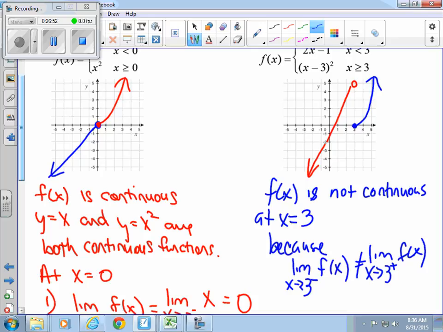Yes, with this notation. So the limit doesn't exist, and that's enough to say that number 1 fails. The same goes if number 2 failed, or if number 3 failed.